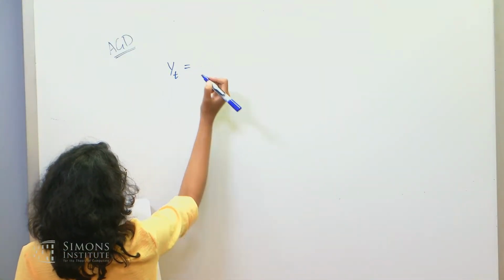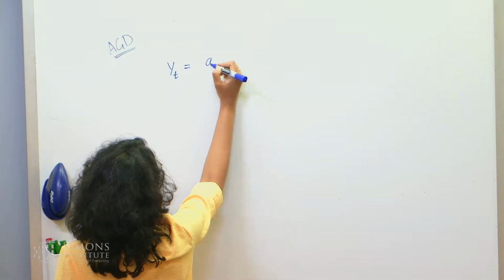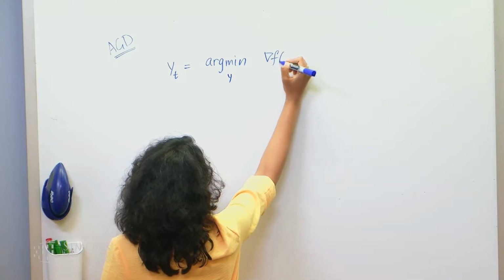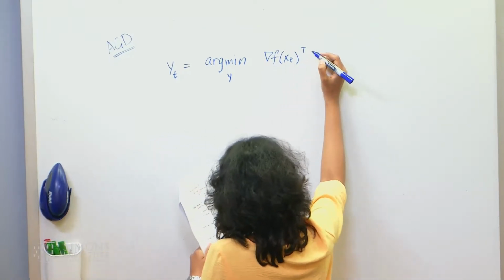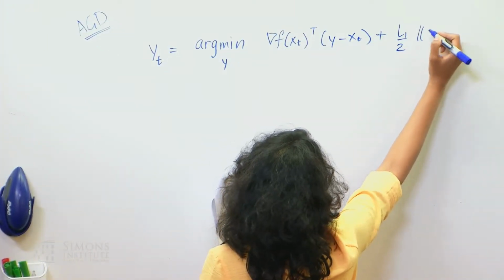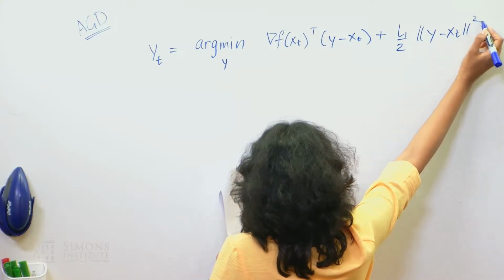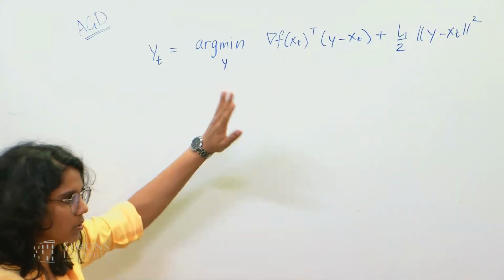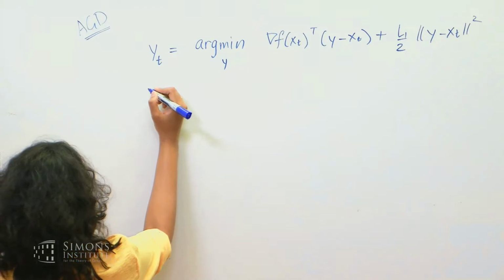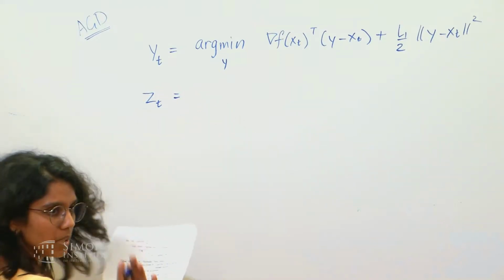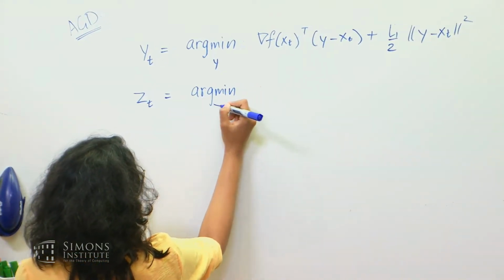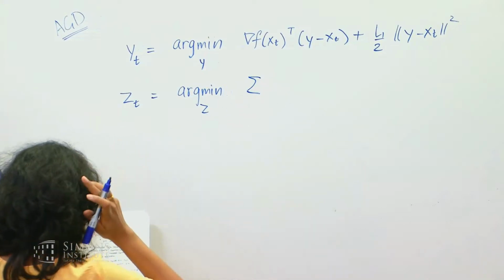So you start with at iteration t. So this was the gradient descent step. So for accelerated gradient descent, you do one of this, and let's do another step. I'll define another variable, and this one goes over the sum.